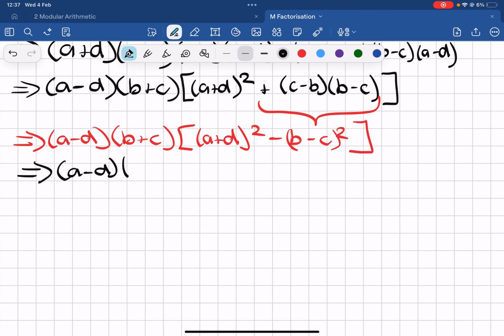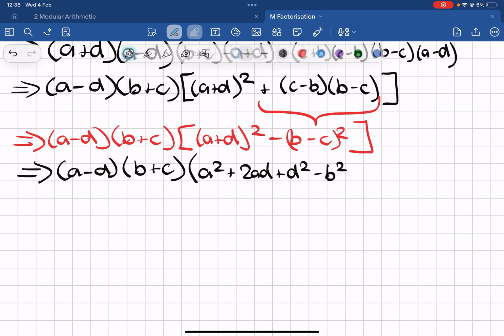So a minus d, b plus c, and then we have a squared plus 2ad plus d squared, minus b squared, minus 2bc becomes plus 2bc, plus minus c squared.